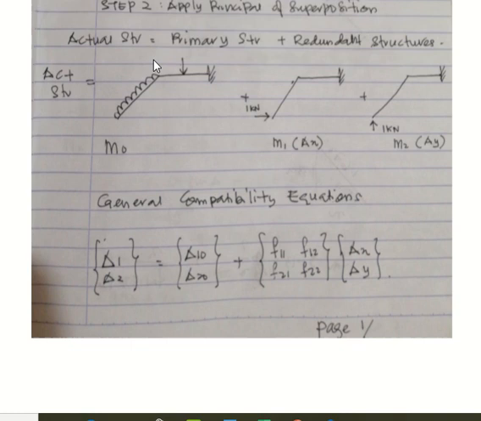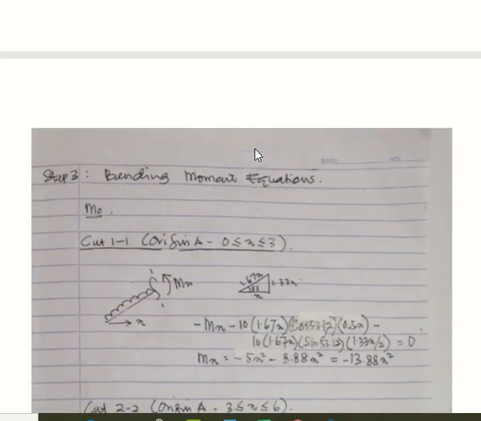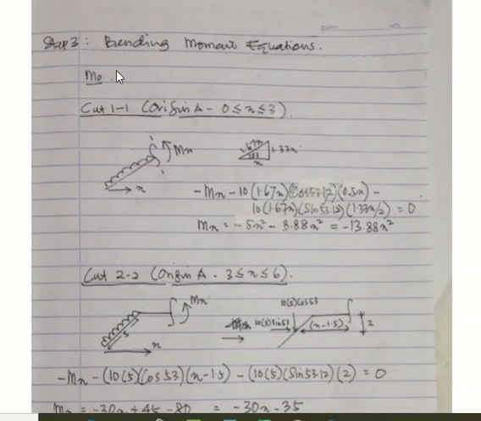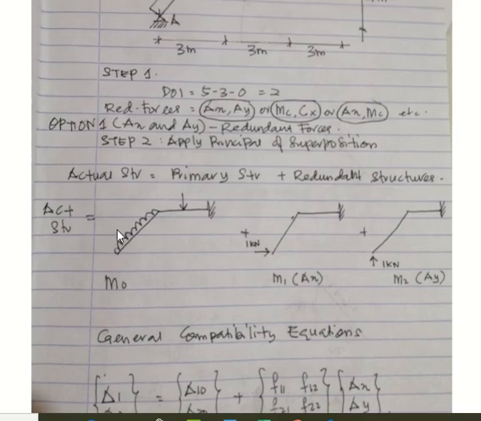To calculate the displacement, you must consider the bending moment equation first. That's why the next step we will calculate the bending moment equation. Okay. Next, we start with step number 3. We determine the M0. M0 means we refer to the primary structure.